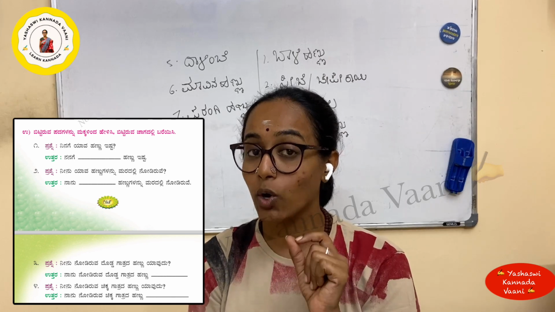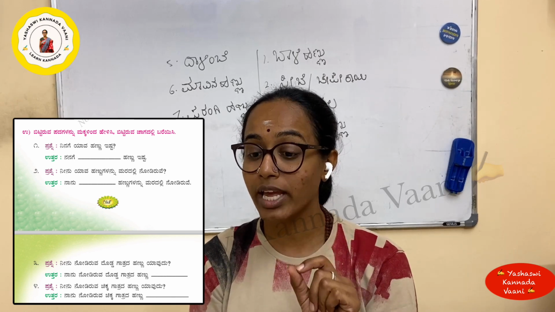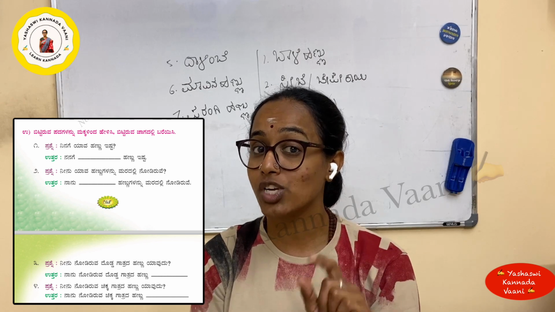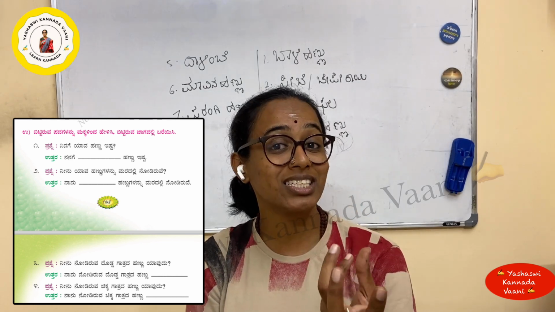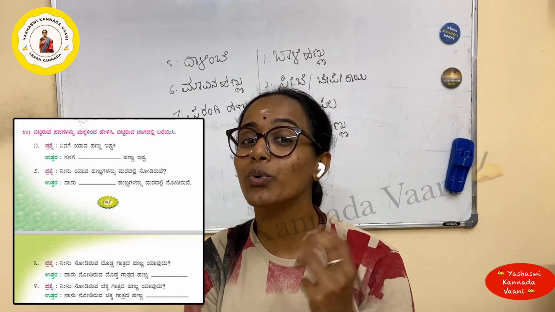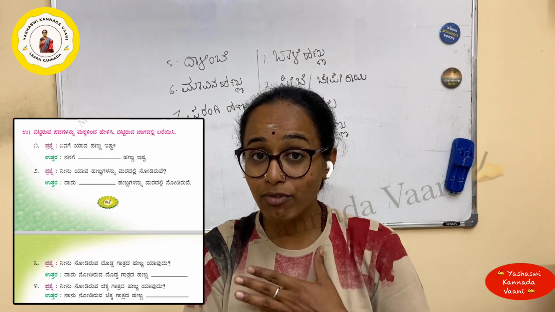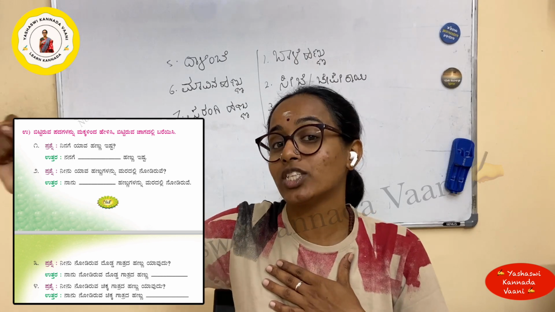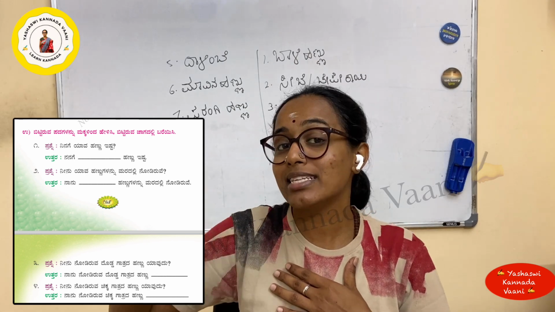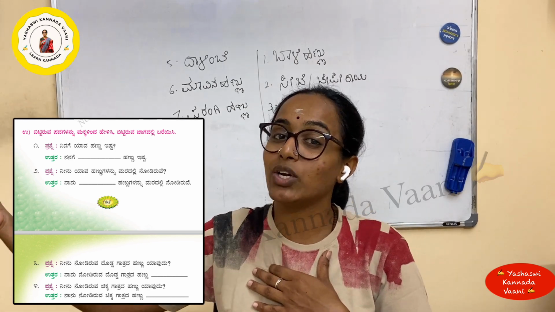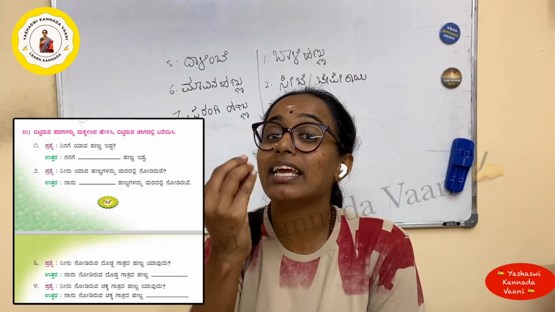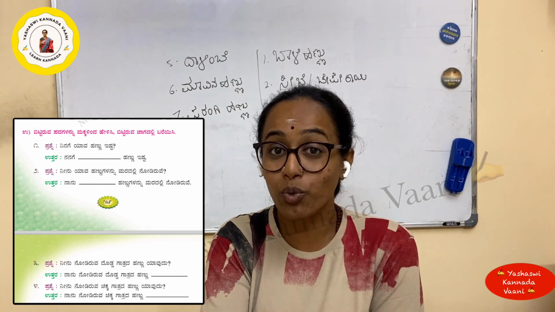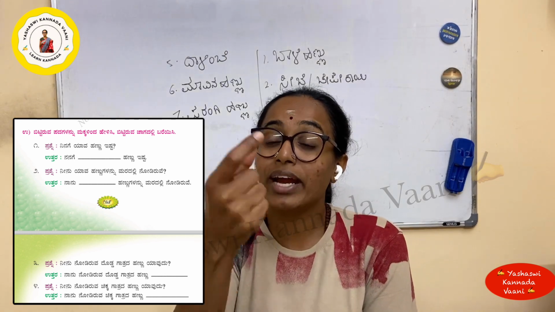Prashne is a question, uttara is an answer. Question: Ninage yava hannu ishta? Which fruit do you like? Nanage, for me, blank hannu ishta. I like apple. Nanage seebe hannu ishta. Nanage baale hannu ishta. Whatever the answer, just write your favorite fruit in the blank.